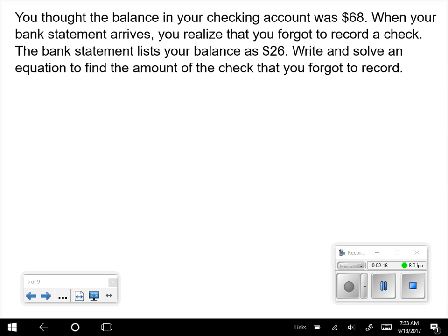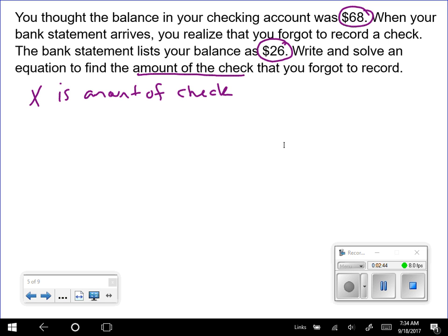So what don't we know? That's our first question. Well, we don't know the amount of the check. So we're going to call that x. x is the amount of the check. Okay, what do we know? We know that we thought our bank account was here, but our bank account is actually here. So if we think about this, we know that our end bank account is right here, $26.